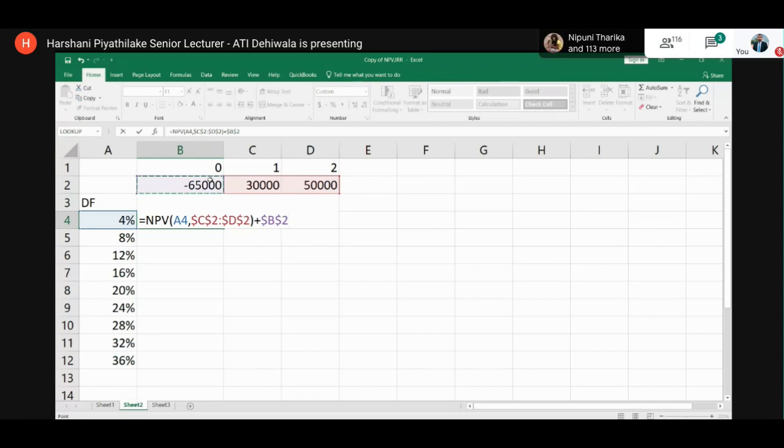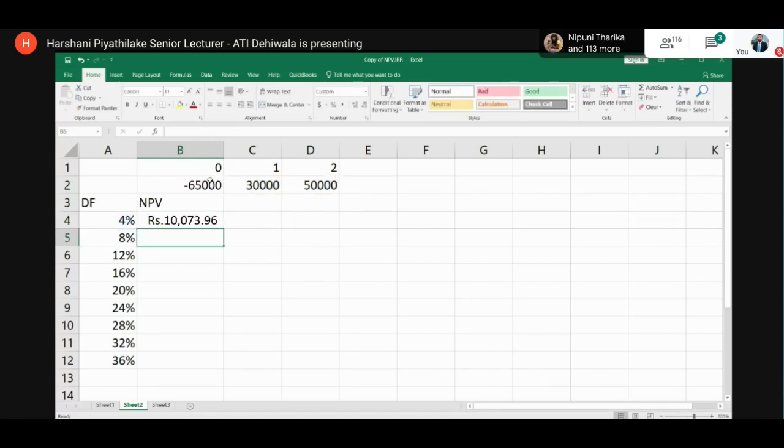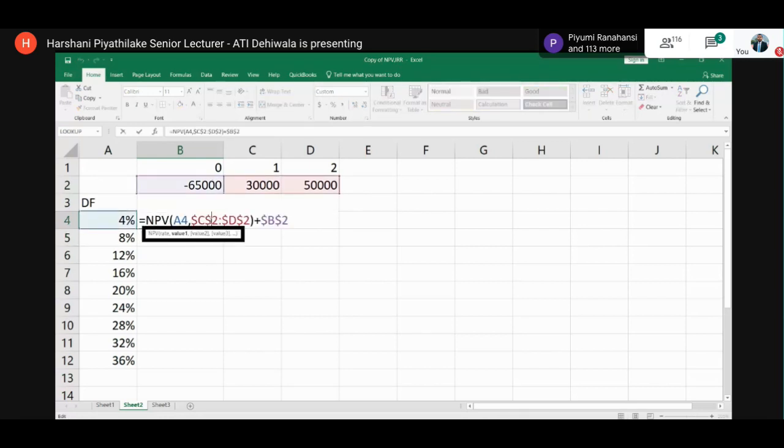Right? Press enter, then you can take the result for the 4% discounting factor in PV. For the 4% discounting factor it is 10,073.96. Right? Then this range is common for all other discounting factors. This is the range you are going to refer to for the values to take the NPV.